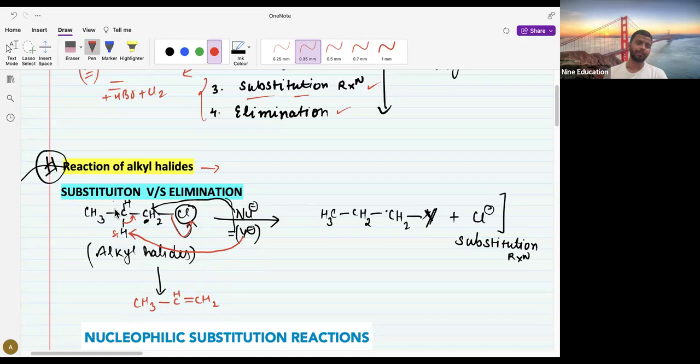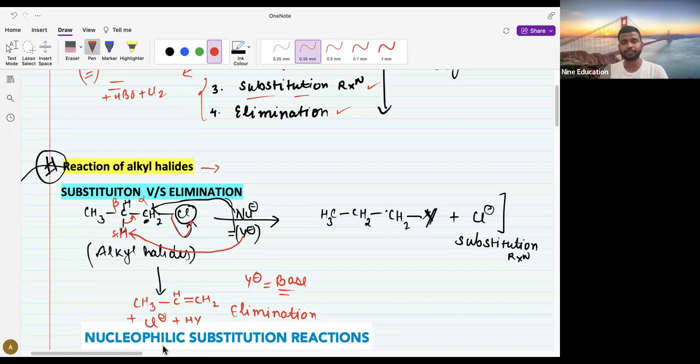This is the alpha carbon and this is the beta carbon. Why alpha? Because it is attached to chlorine: the first carbon is alpha, the second carbon is beta. So it took the hydrogen on the beta carbon, made a double bond here and pushed out the chlorine from here. If Y negative is taking up the hydrogen here, Y negative is called a base, and these reactions are called elimination reactions, because we are eliminating H and Cl minus. Cl minus goes away, and H and Y go away.